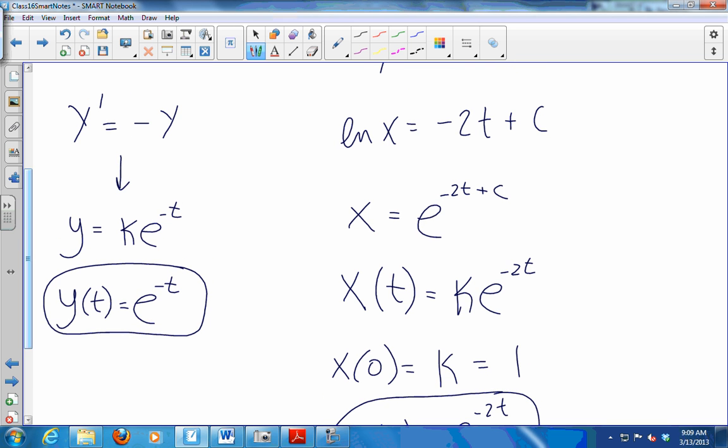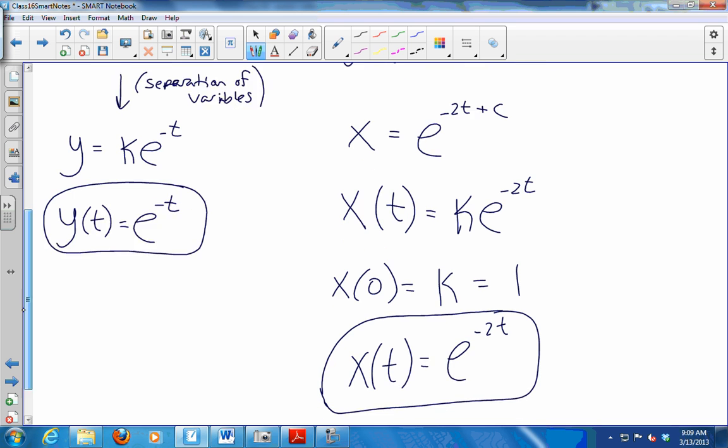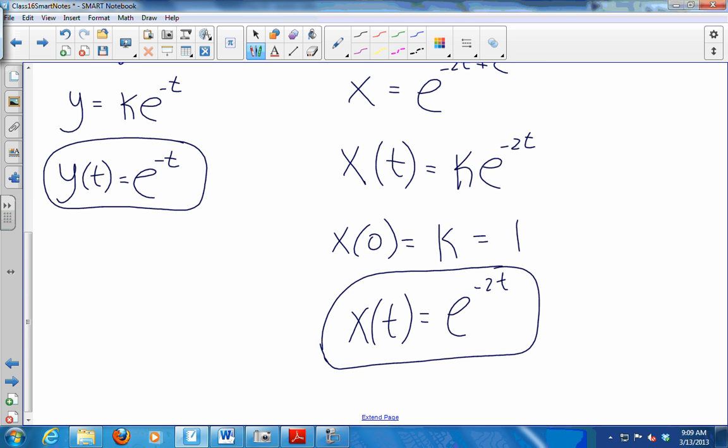So from here to here was separation of variables. I just did it in my head. So we love it when they're decoupled, right? Because you just use what we already know.